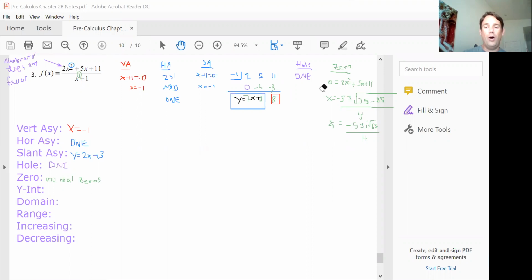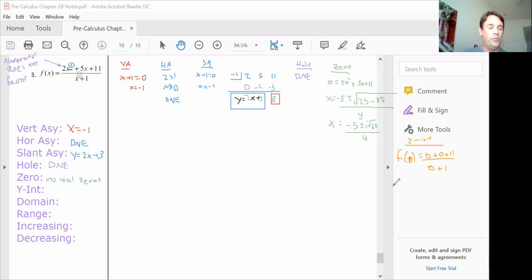And my last part is my y-intercept. So that's when I plug 0 in. So if I plug 0 in, friends, there we go. 0 plus 0 plus 11, all over 0 plus 1.